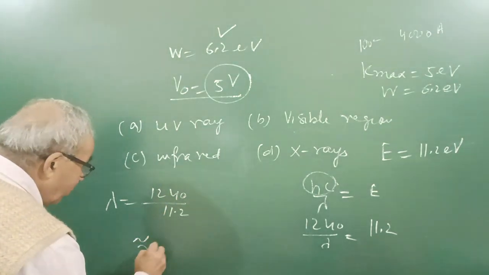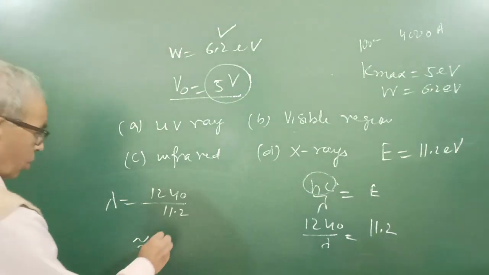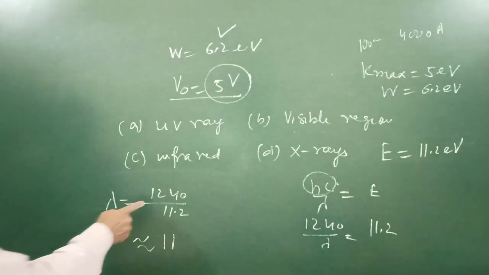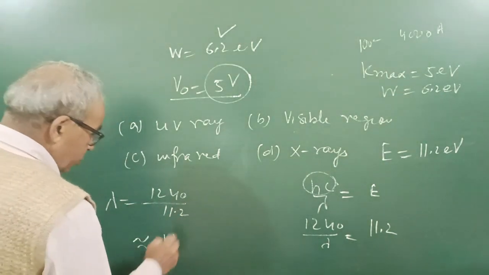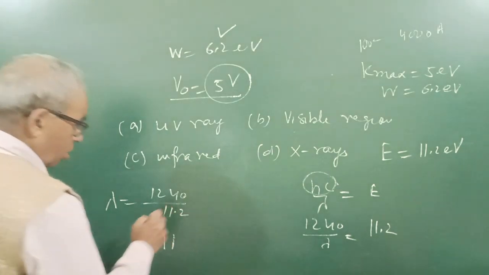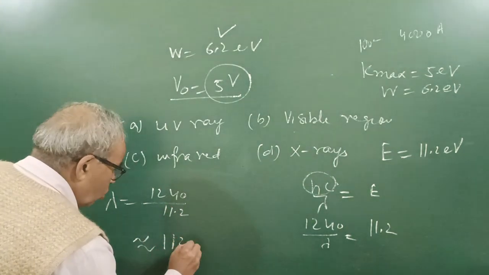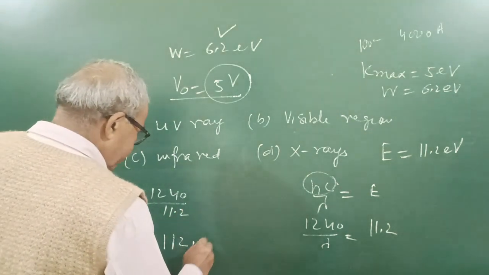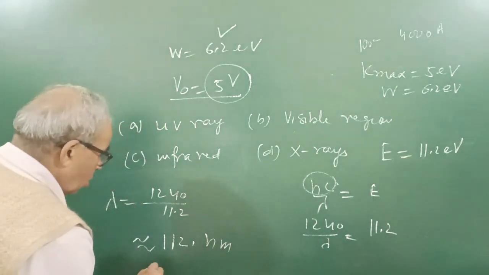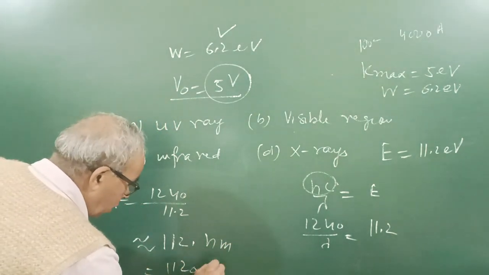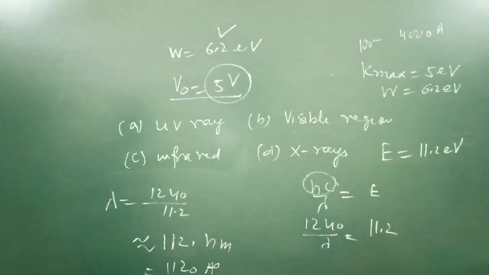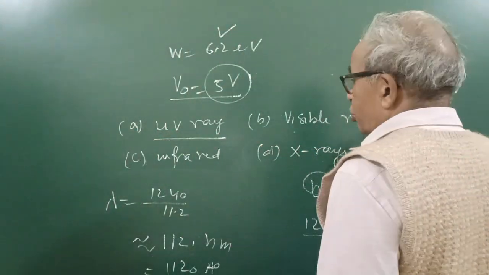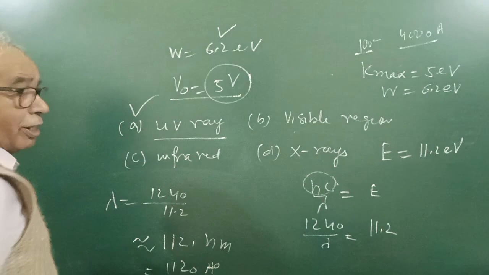If I take it as 11, leaving 0.2, it comes to something like 110 nanometer, and 1120 angstrom. So this is in the range of ultraviolet. So this option is correct here.